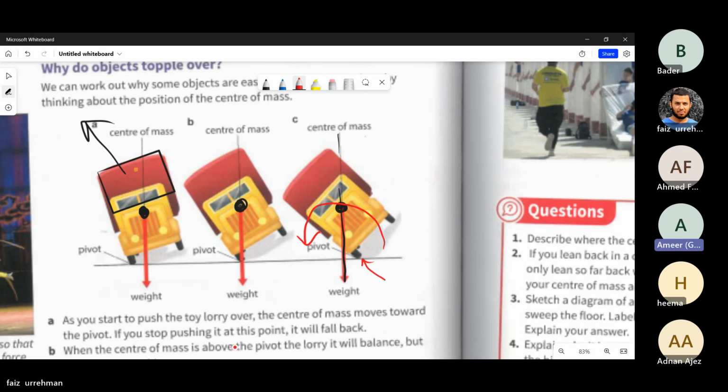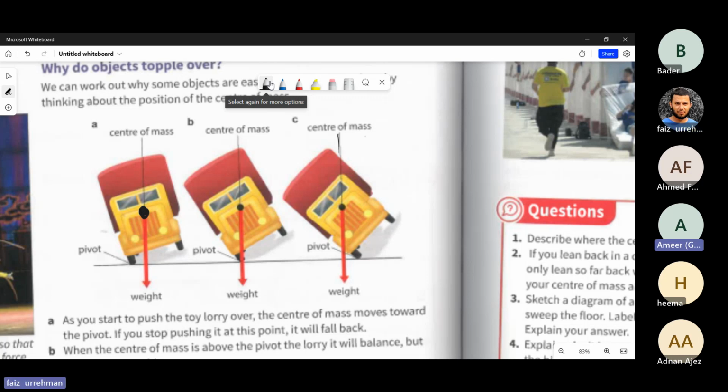Okay. This question came in the last test of physics, and we have to explain the whole thing. I wrote that if the pivot was on the left side of the center of mass, it will be stable. It will go back to the original shape.